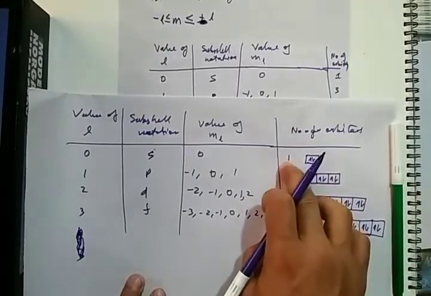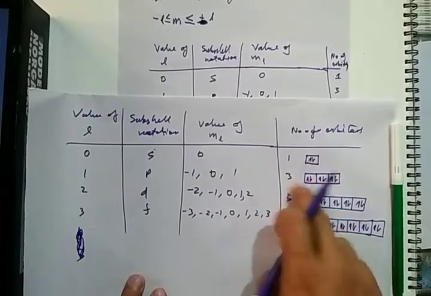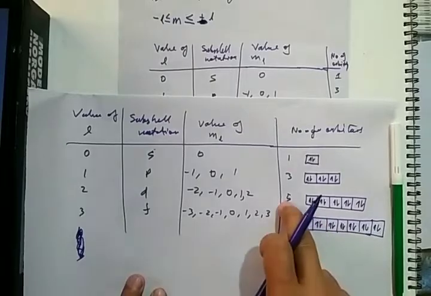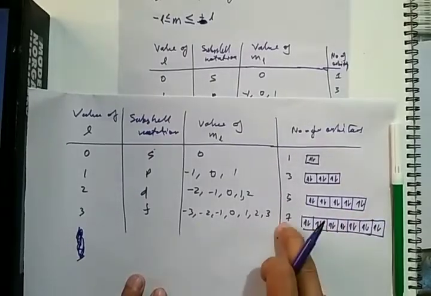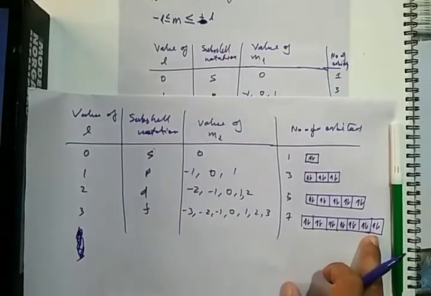So in each orbital, 2 electrons; for 3 orbitals, 6 electrons; for 5, 10 electrons; for 7, 14 electrons will be present.